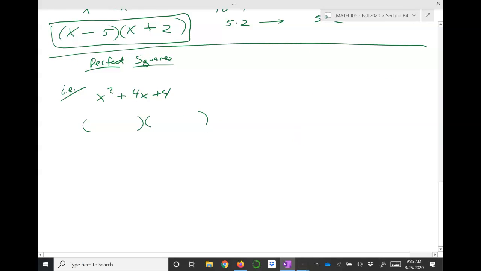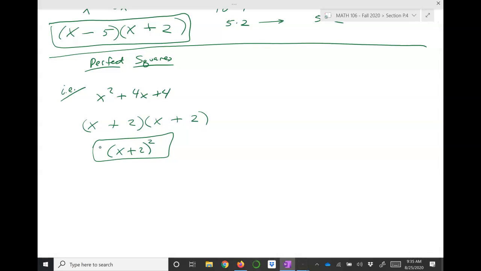What factors of 4 are going to be able to give you a 4 as the middle term? Yeah. 2 and 2, right? So we have an x and an x here. 2 and 2. And since everything's positive up there, you see that you get positive signs in both? So you would want to write the final answer to this as x plus 2 squared. So that's what a perfect square is. And you saw these back over in P3.